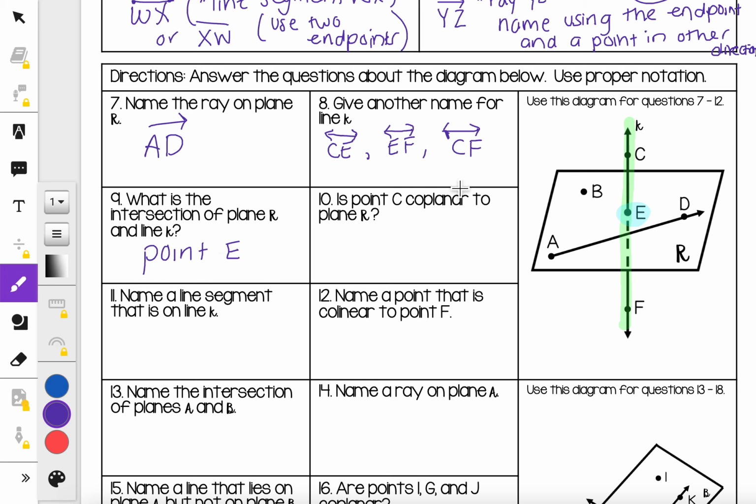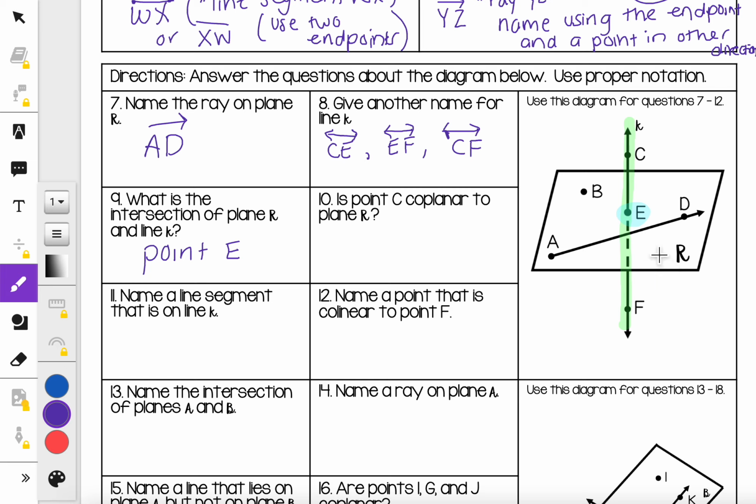Is point C coplanar to plane R, right? Now you have to imagine, let's say if this was your pencil here, right? Maybe point C is where the eraser is and point F is where like the tip of your pencil is. So point C, right, is actually above that plane. All right, it is not coplanar.